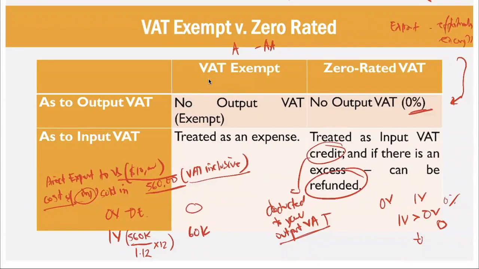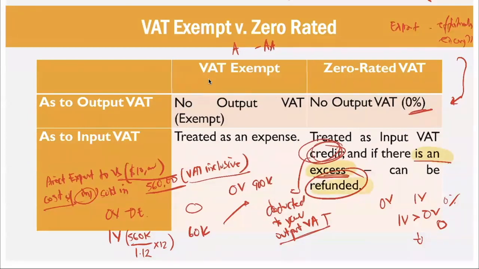What is the treatment? If you have other output VAT, let's say your other output VAT on your sales is 900,000, you can make use of that. We call that tax credit. But if in case you do not have any other output VAT or the input is already an excess, it will be considered as a tax refund. So you will just refund it.